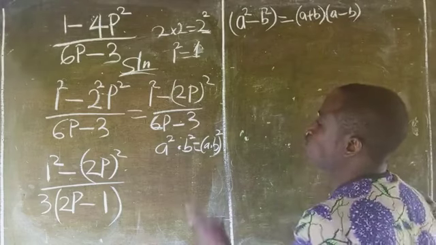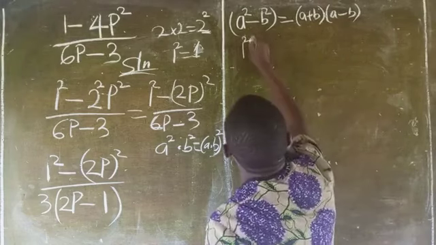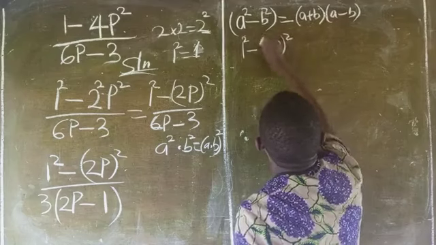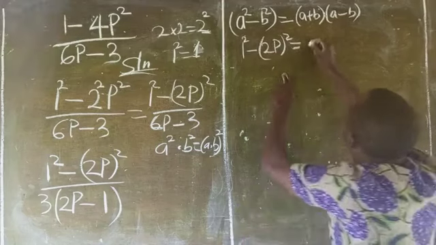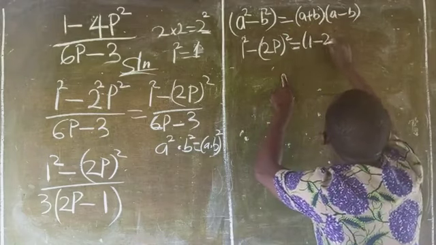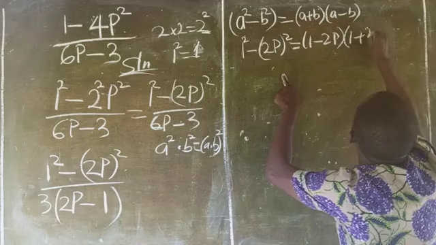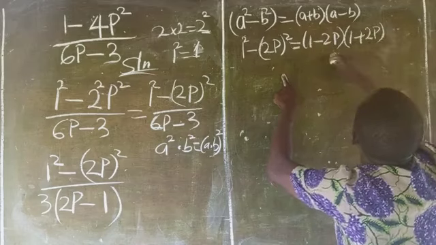So the numerator, 1 squared minus 2p squared, therefore ends up to be 1 minus 2p times 1 plus 2p.